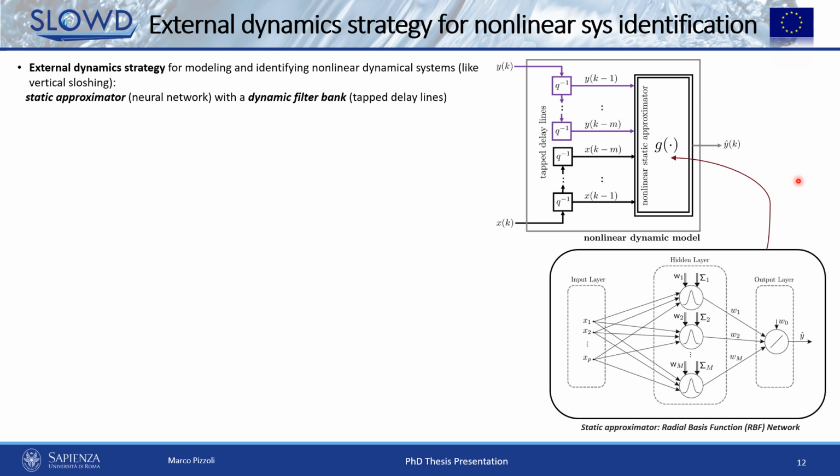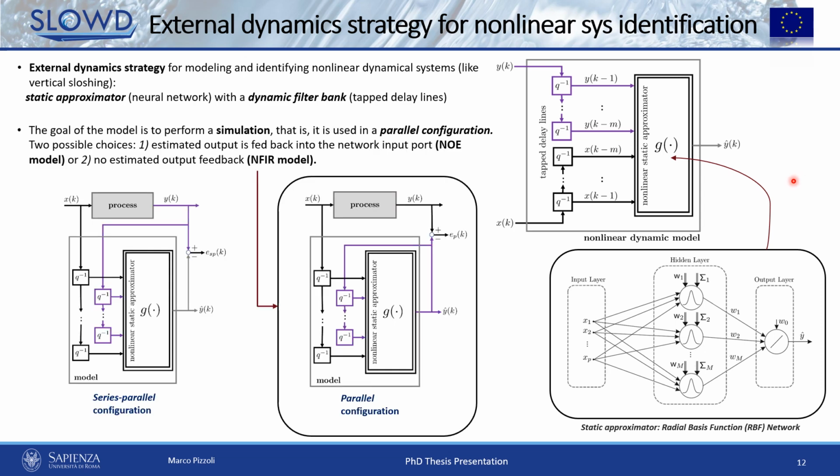And since the model is to be used to perform simulations, its structure must have a so-called parallel configuration. So this is the one that we chose to construct the model, in which only the input, or at most even the estimated output, can pass through the delay lines.